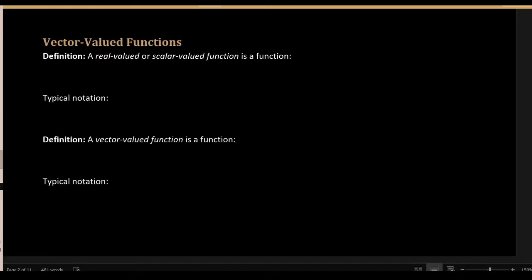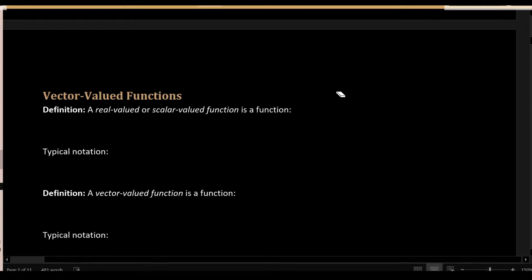Now, to define a vector-valued function, I'm going to, first of all, define a real-valued function or a scalar-valued function. And this is the kind of function that you are familiar with from your work all the way since, I guess, algebra. A real-valued function slash scalar-valued function is a function whose output is a real number.